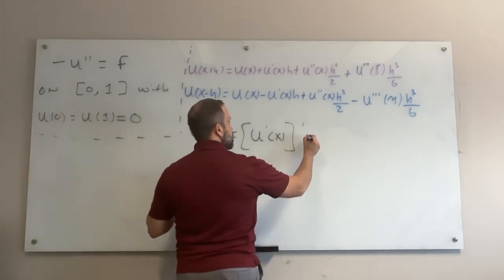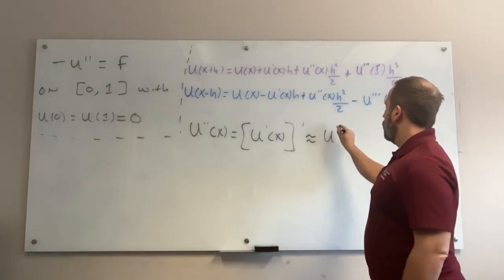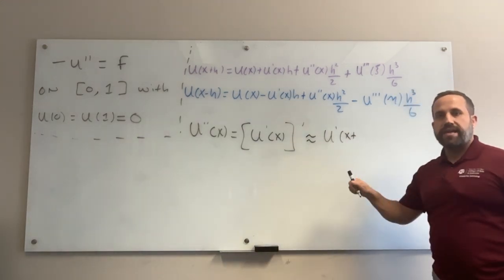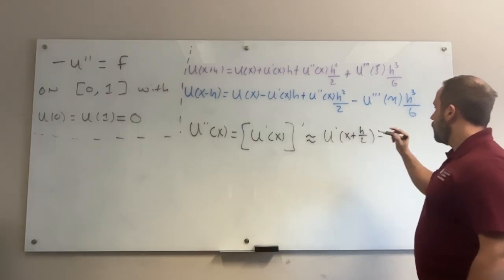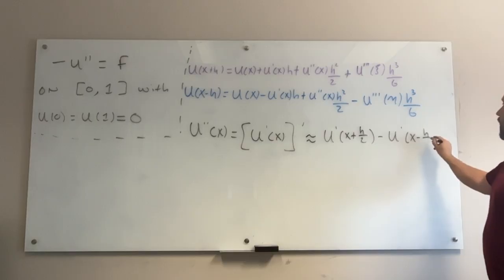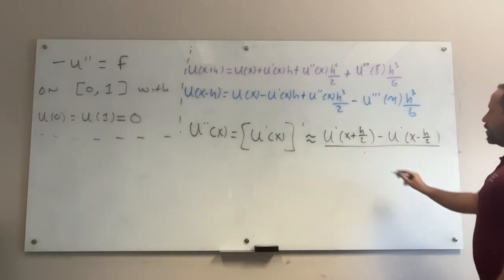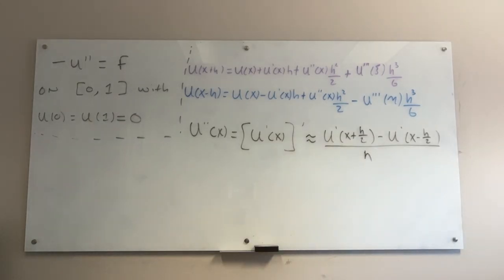So this is approximately going to be equal to u prime of x plus, and instead of doing plus h, I'm going to do plus h over 2, so u prime of x plus h over 2 minus u prime of x minus h over 2, divided by 2 times h over 2, so divided by h. And I know the error here is going to be O of h squared.